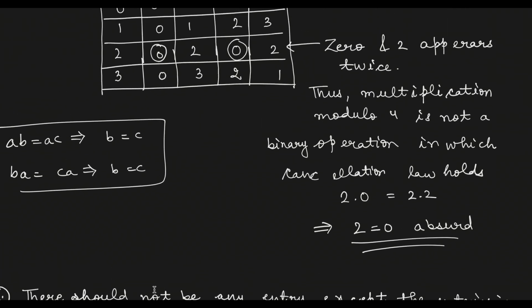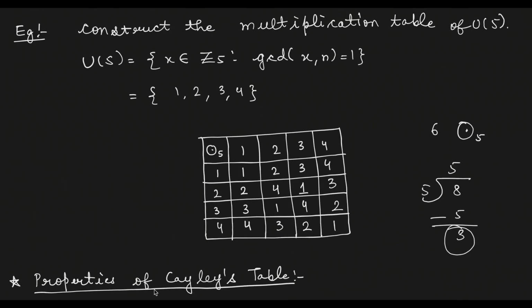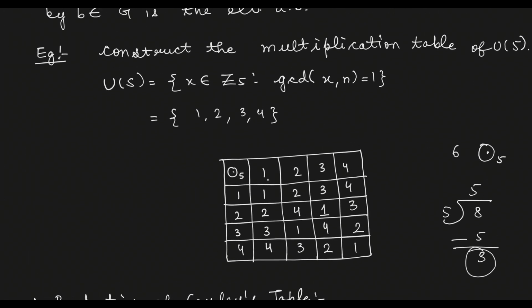For example, in this U5, this first row and first column coincide with the leading row and column. So here 1 is the identity element of U5.